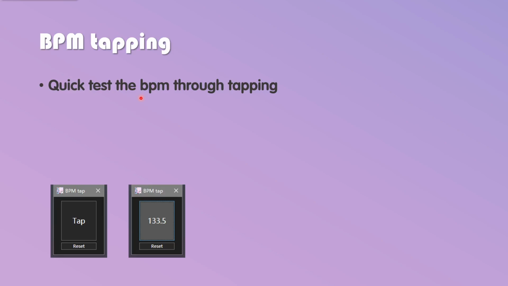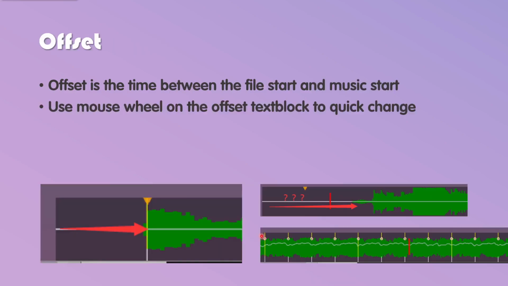So you just tap here, and it gives a BPM that is close to the real BPM, and then you set the offset of it. A quick hint is that you could use your mouse wheel on the offset text block to quickly change the value. So you don't need to edit it little by little.